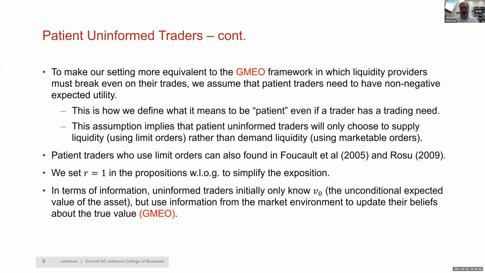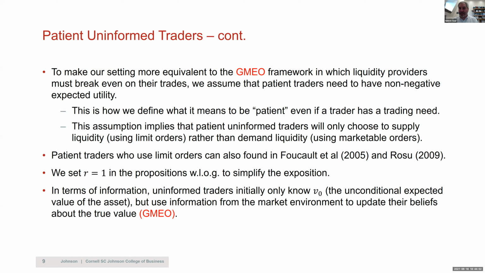Now, in the Glosten-Milgrom-Hara model, we said that the dealer has to break even on all the trades, right? So to make it equivalent, we assume that the patient traders need to have non-negative expected utility. In that sense, that's really what makes them patient, right? And you can very easily show, just by manipulating the utility function, that means that they will only choose to use limit orders, right?